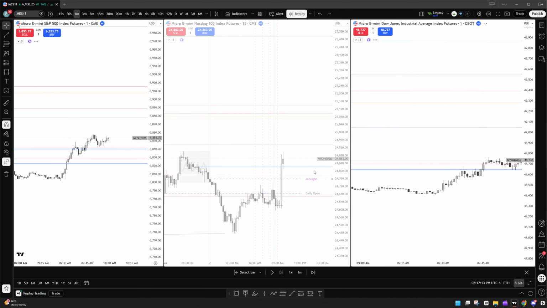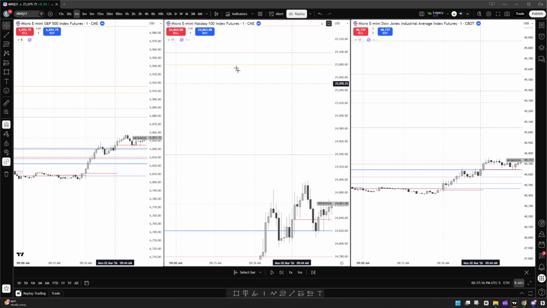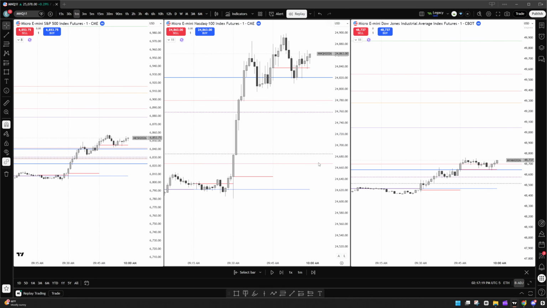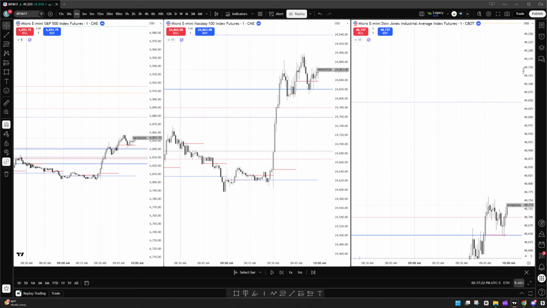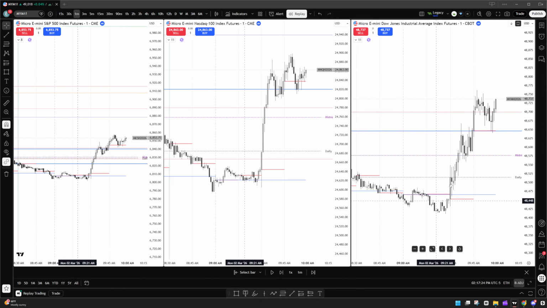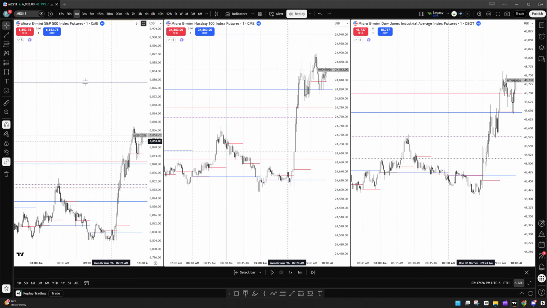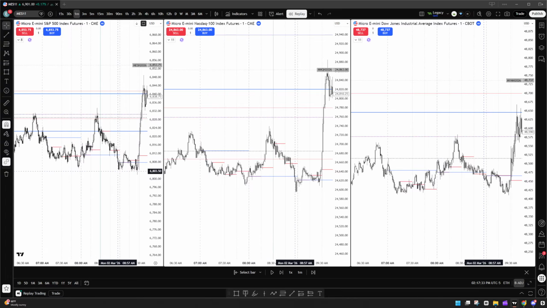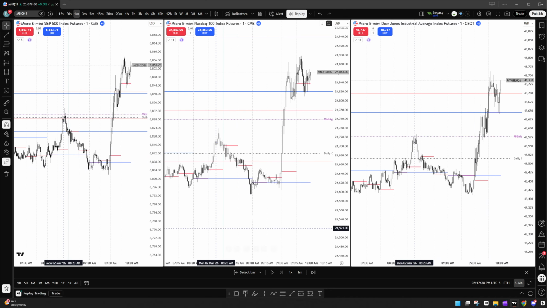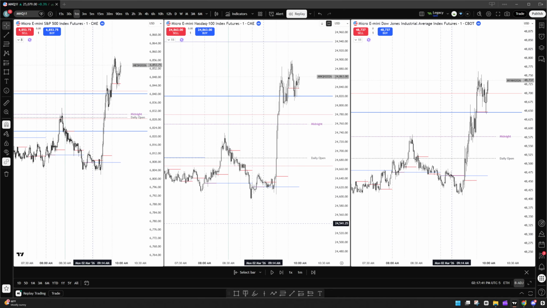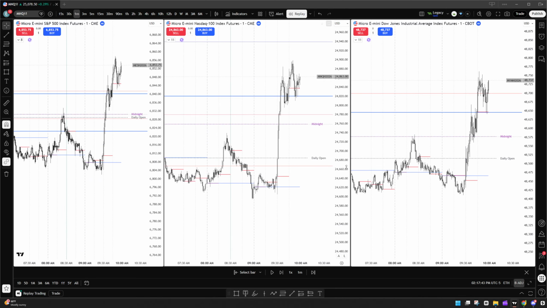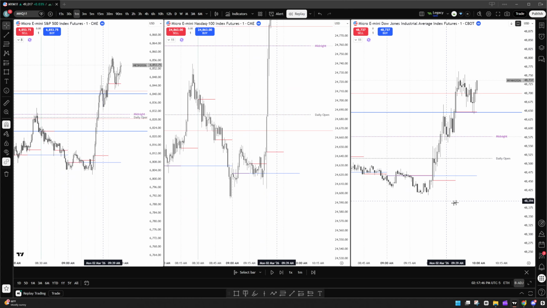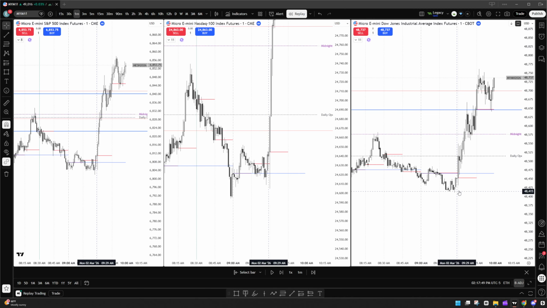Okay, so let's go down here. Looking like a whole lot of no SMT. SMT here though, prior to 9:30. Just straight up consolidation. 9:30 did SMT here.